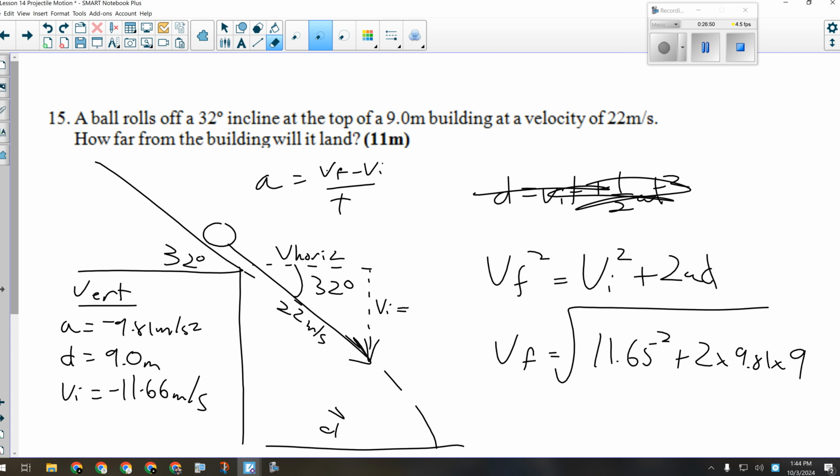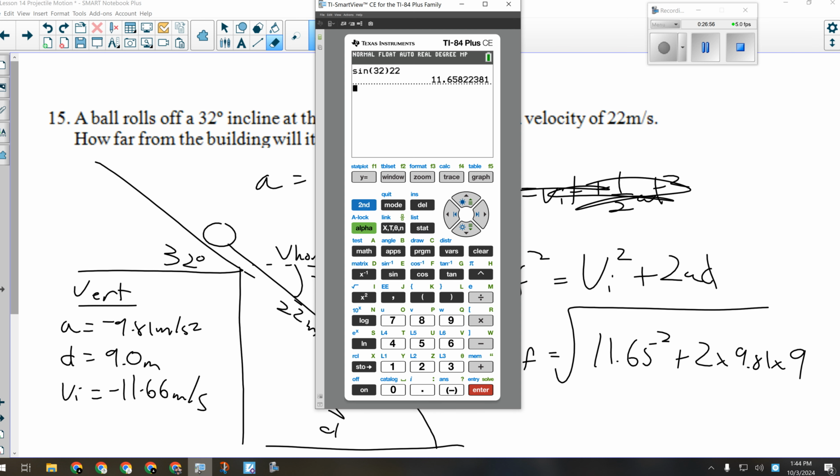I'm just going to make all of those positive. Otherwise, I have to make them all negative. So there's VF, 17.67 meters per second.